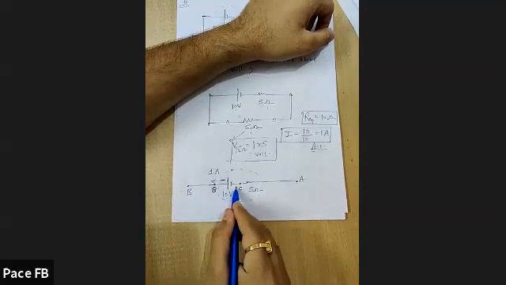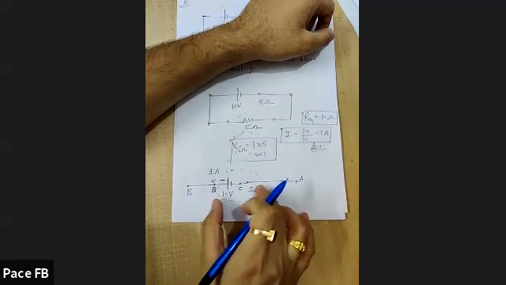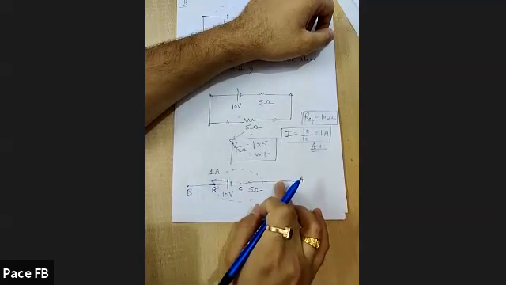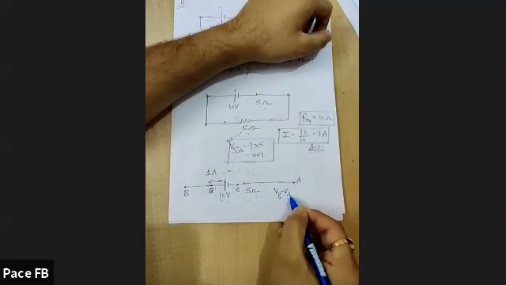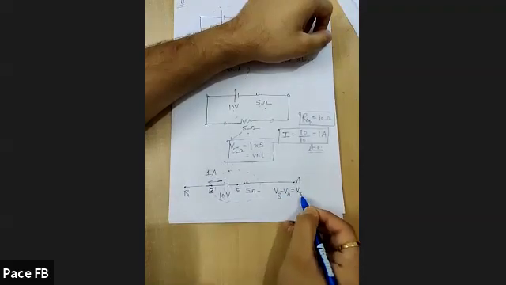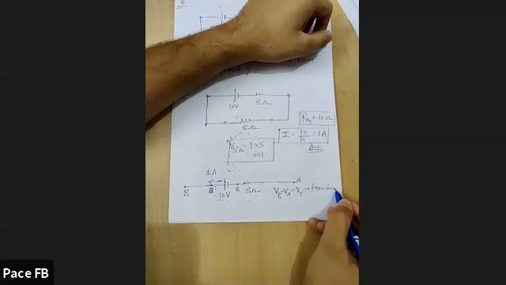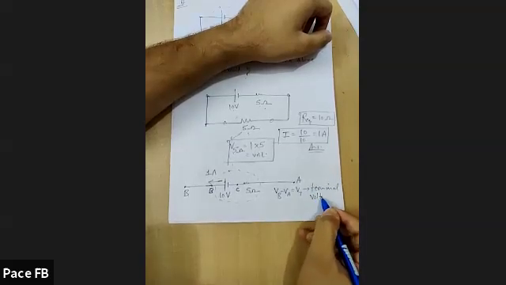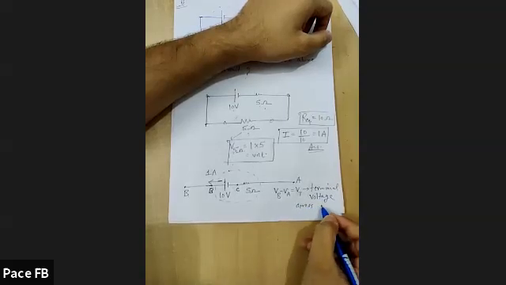Whereas if I ask you what is the potential difference across the terminals of the cell, then that would be VB minus VA. So what is VB minus VA? That is VT. This would be the terminal voltage across a cell.